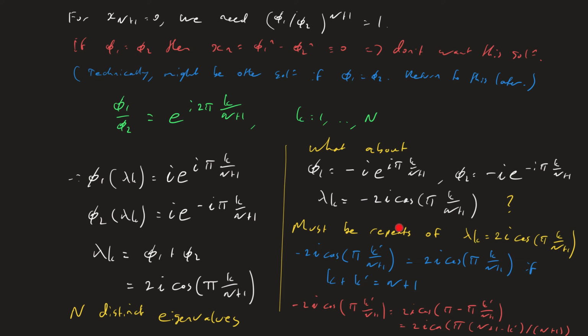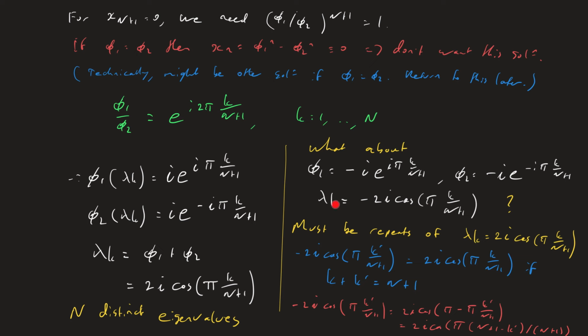It turns out that we're going to need this calculation here for future use, so we go through it explicitly. If instead of choosing the positive solutions, we choose the negative solutions, then we get that lambda k is equal to negative 2i cos pi little k on big N plus 1.